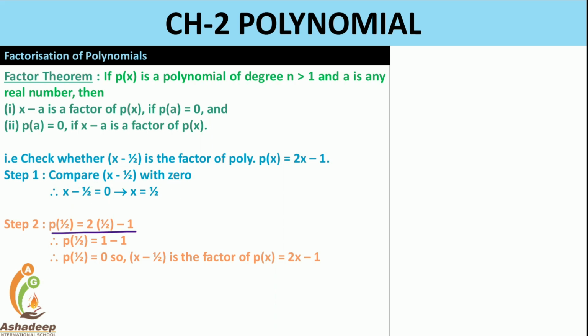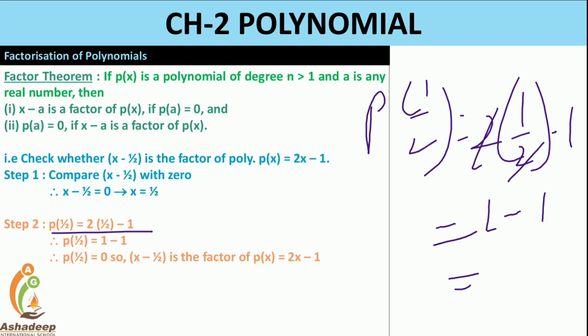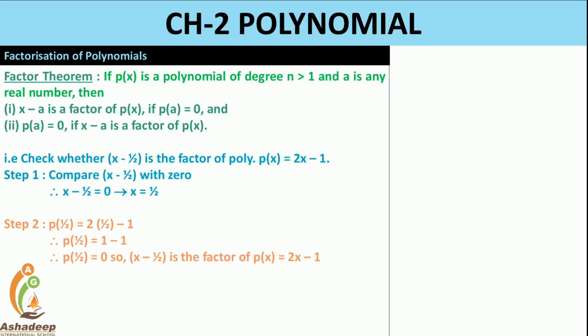Now the second step is what? p(1/2) equals 2 into 1 by 2 minus 1, which equals 1 minus 1, which is 0. Yes, it is 0. Therefore x minus 1 by 2 is a factor of p(x). In that manner we can understand this factor theorem.